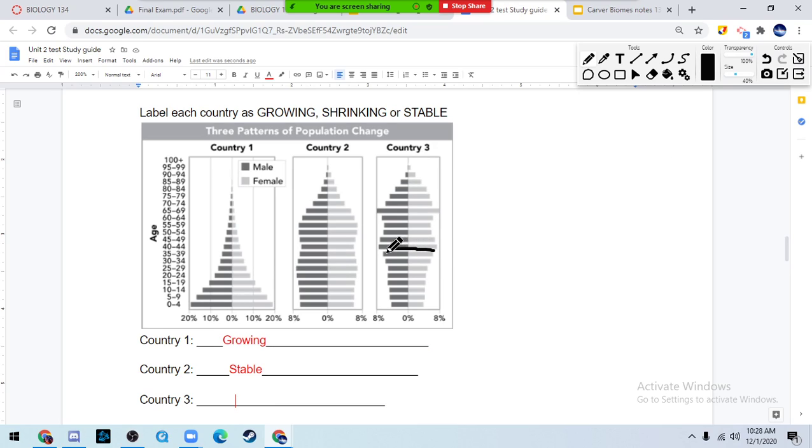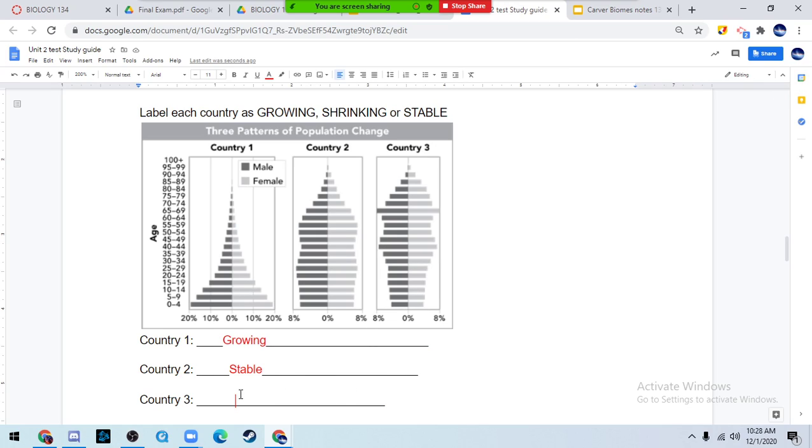While the bottom portion of the graph has a very small number of individuals that are in their late teens to early 20s or that are children. So because this population has a very small amount of individuals that are actually having children, that would mean that their population is shrinking. Right? If you're not having a large amount of children, you have more older individuals, your population will shrink over time.